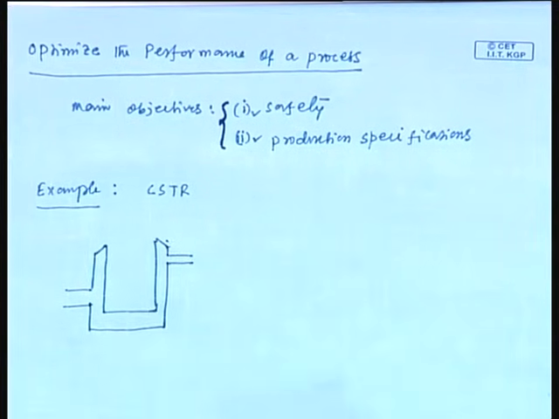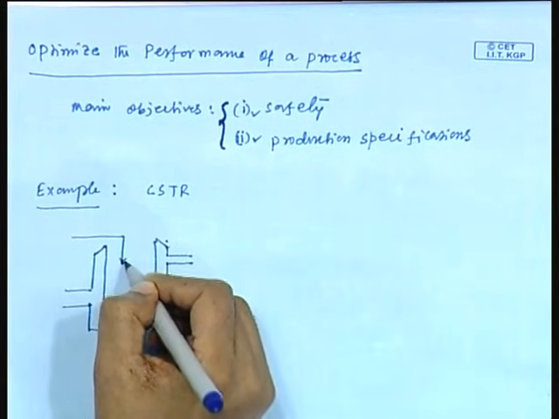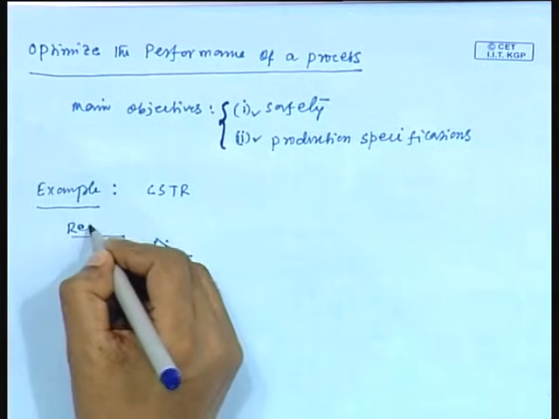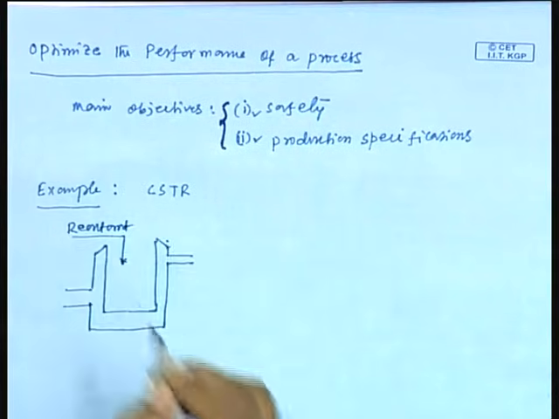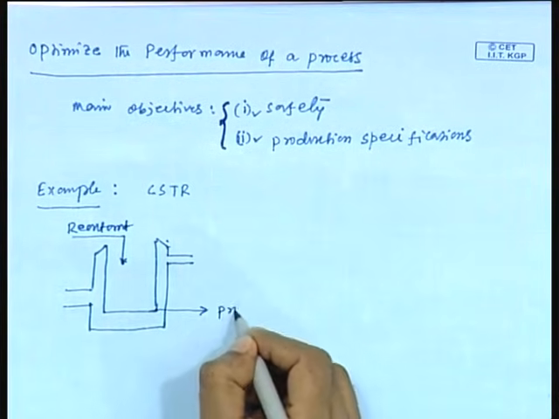This is the schematic of the reactor. Reactant enters the process, and this is the product.